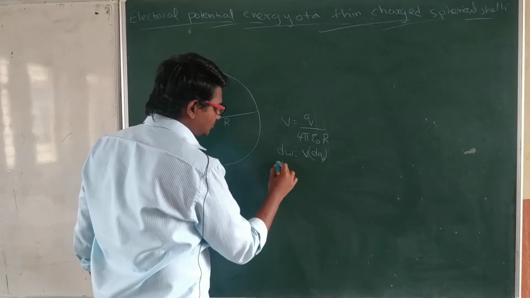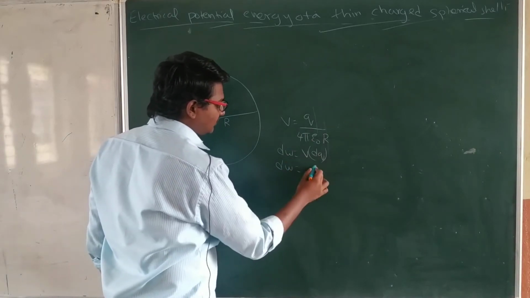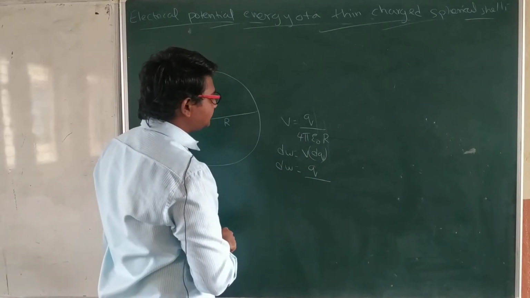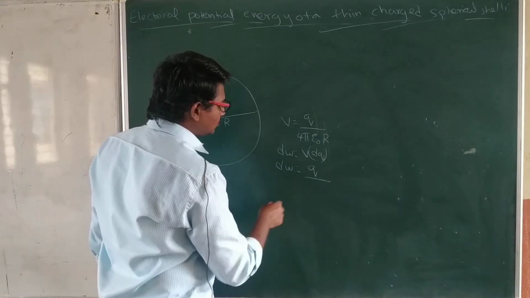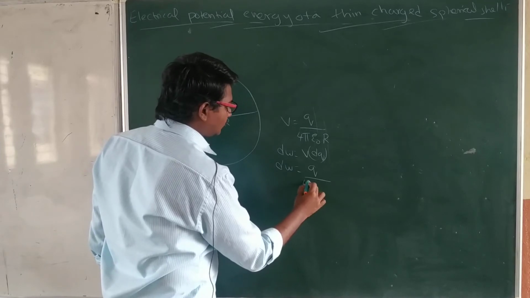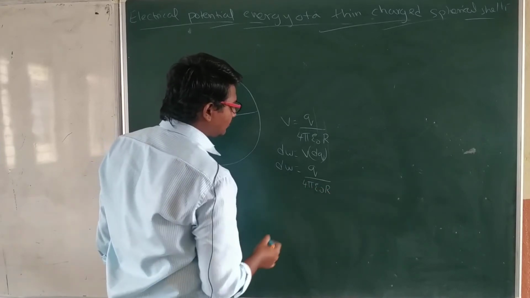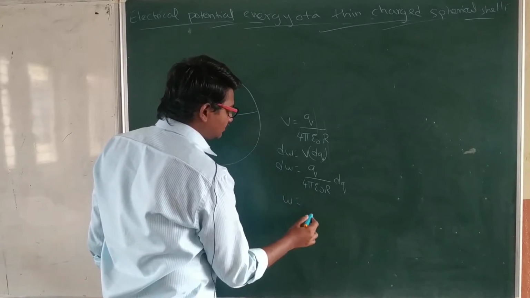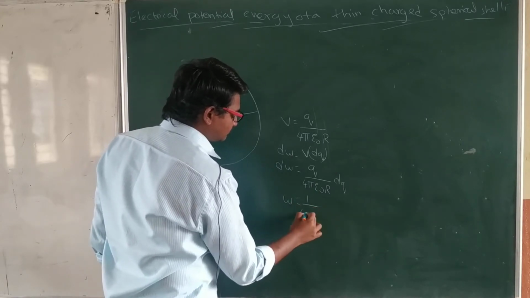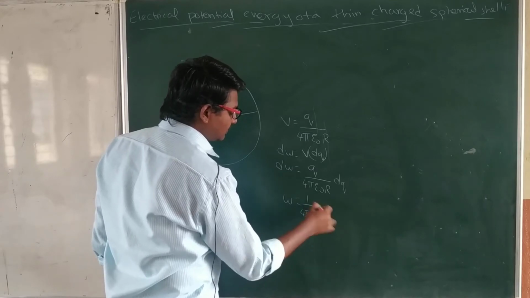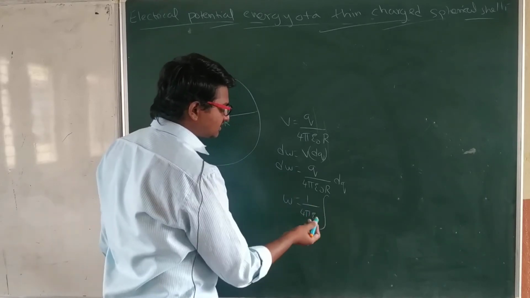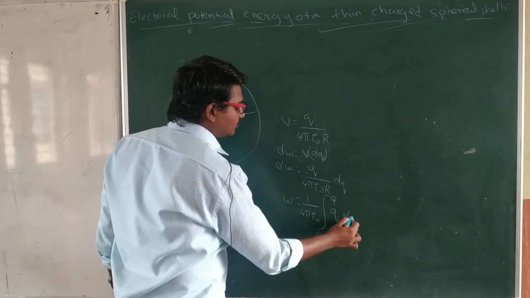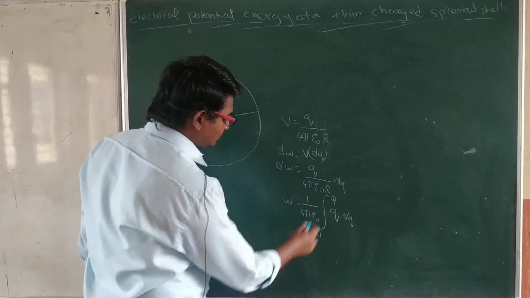Now let's substitute in this equation. We are substituting the V value here: V is equal to q by 4 pi epsilon naught R, into dq, and we integrate on both sides. Here 1 by 4 pi epsilon naught will be taken outside because it is a constant, and the limits are from 0 to Q for dq, with R also there.